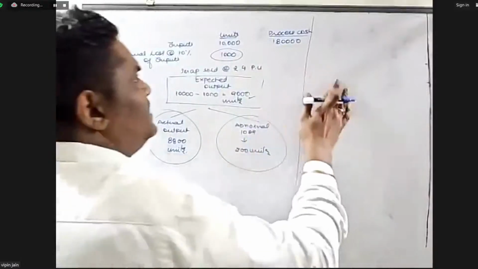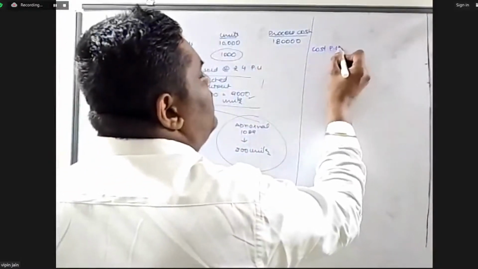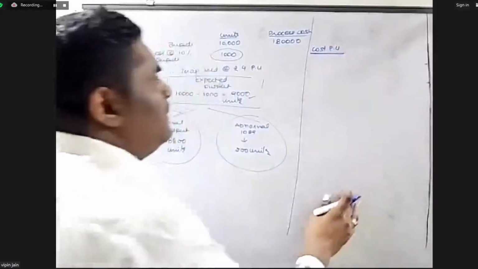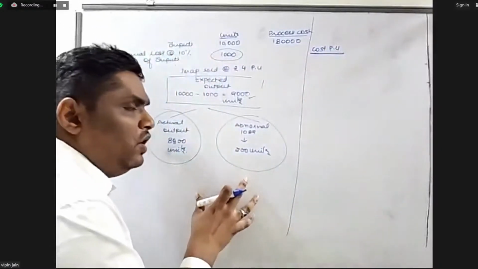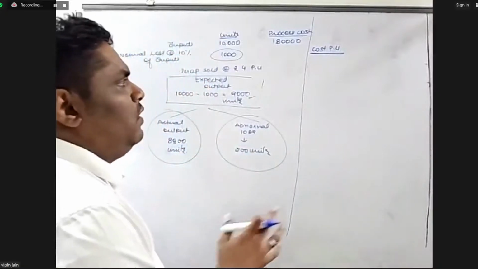So now the concept is very simple. When talking about the calculation of cost per unit, we'll apply the same rule because abnormal loss से प्रोडक्ट का कॉस्ट इन्फ्लेट नहीं होता. It has nothing to do with product cost.